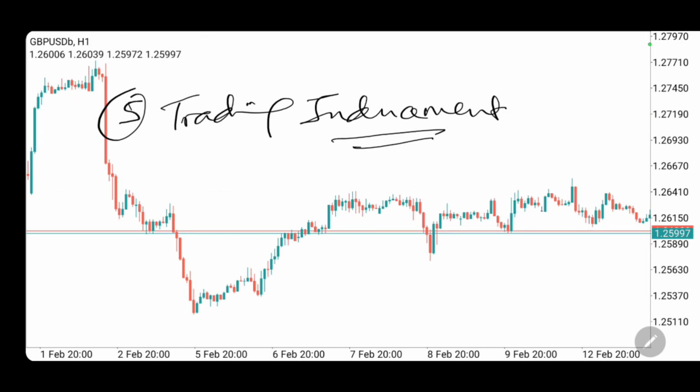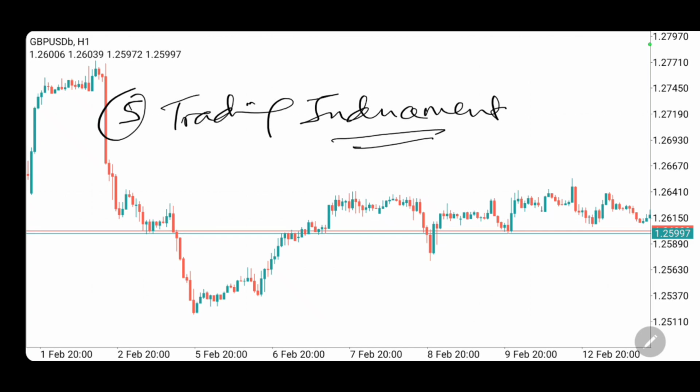Inducement is a manipulation of retail traders by institutions, so that retail traders take trades with the intention of overrunning, sweeping, or invalidating their trades.